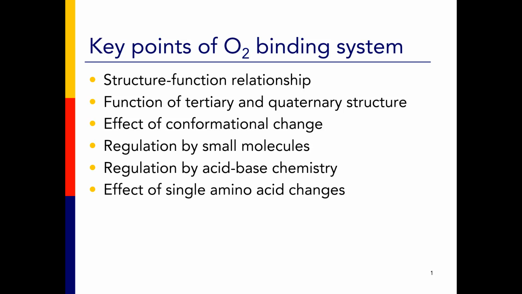So it's the transport and delivery more than simply binding. They have different functions that are consequences of their structures. So how do tertiary and quaternary structure affect that? Again, the quaternary structure of hemoglobin is what allows the cooperativity. You don't have cooperativity if you only have one polypeptide. We talked about conformational change. So regulation by small molecules is kind of where we are now.